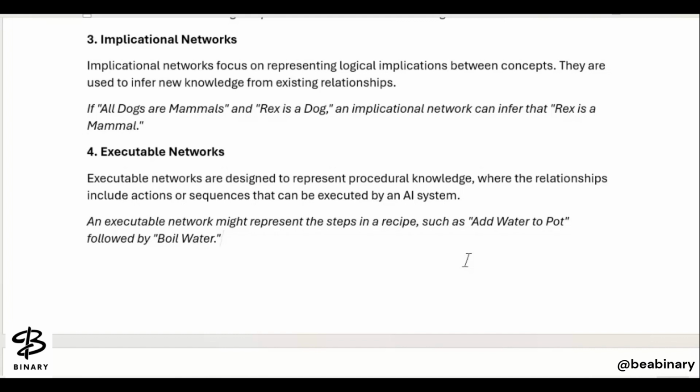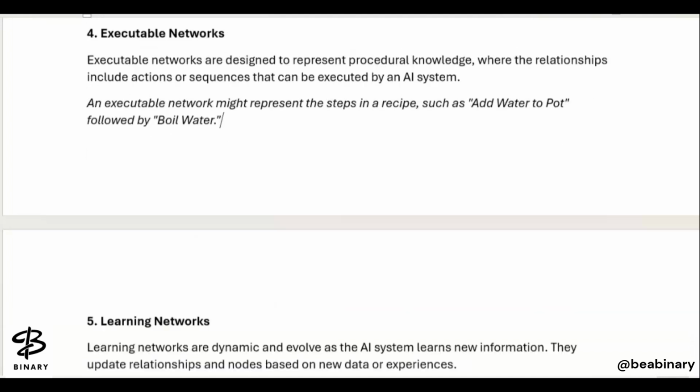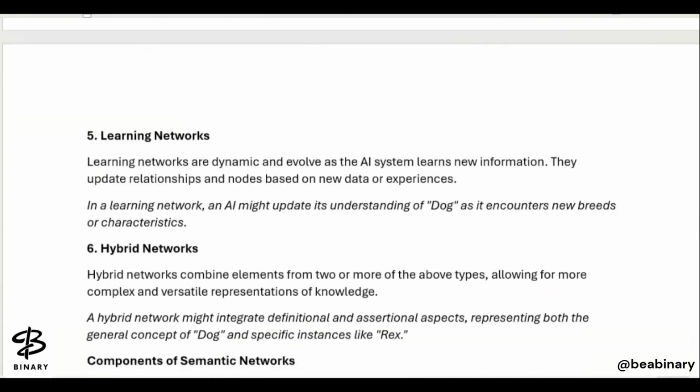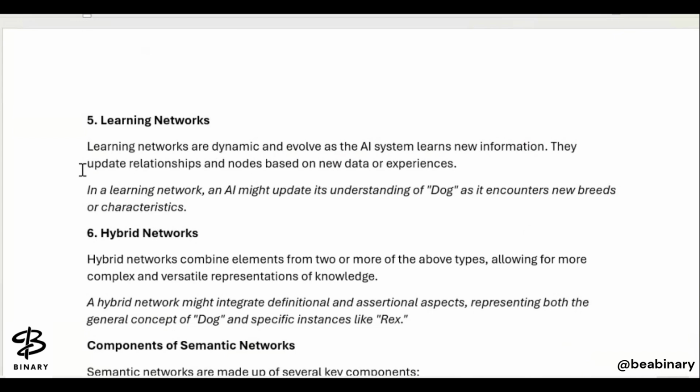When we are talking about a particular procedure that includes a step-by-step representation, we are simply talking about executable networks. Now the learning network. A semantic network can be a learning network. How? Learning networks are dynamic. We have seen the challenge of learning or dynamic behavior in first order logic.